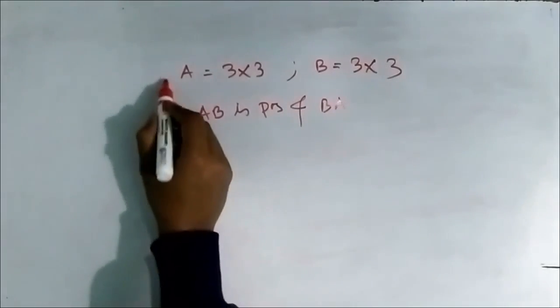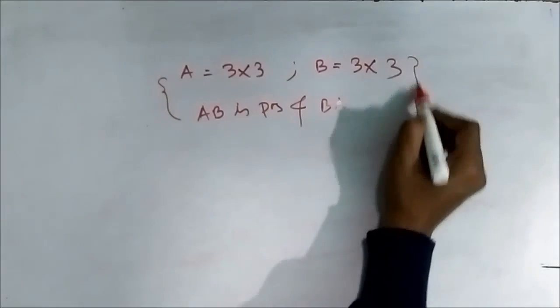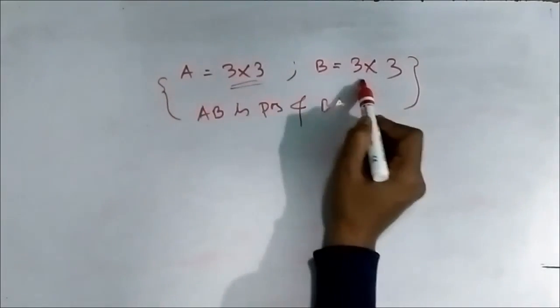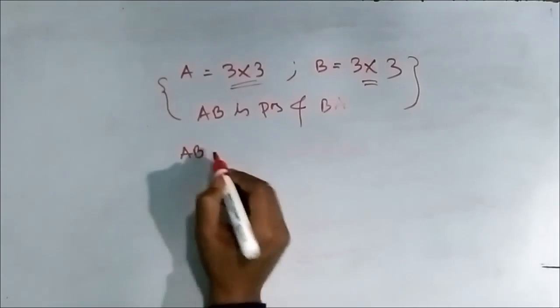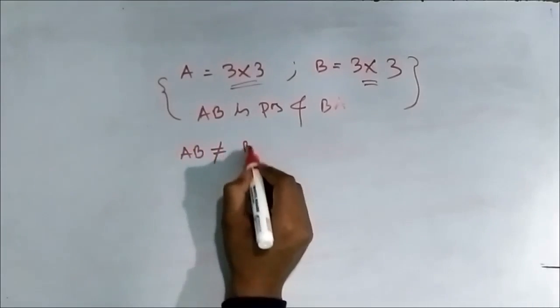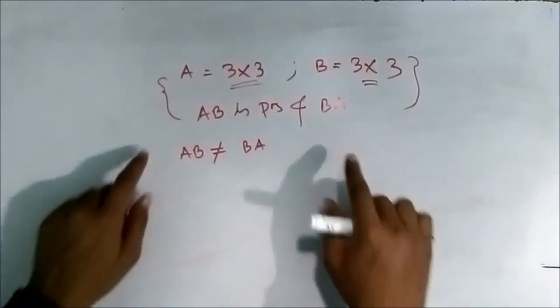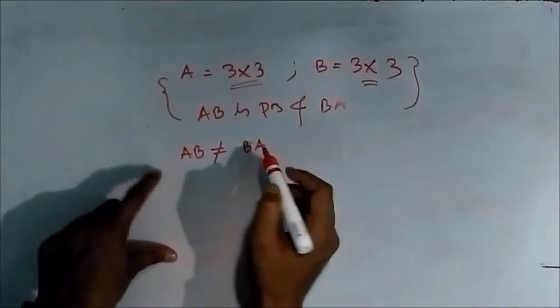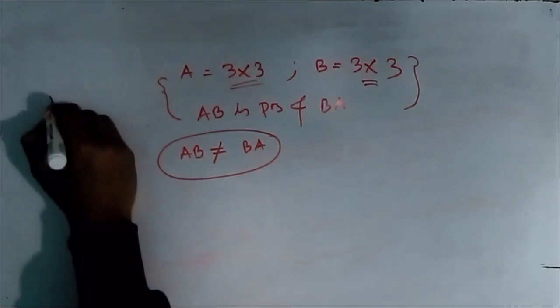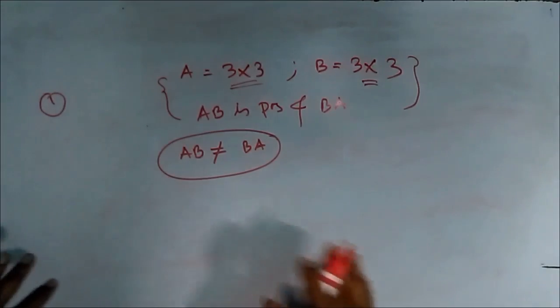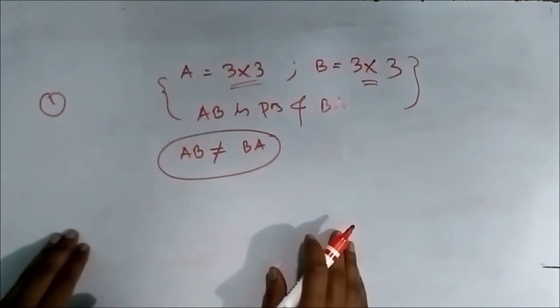This is only in the case of square matrices of the same order. Generally, if AB exists, it does not mean that BA must exist. If the orders of the two matrices are not the same, this law does not follow. So the first property of matrix multiplication is that it is not commutative.